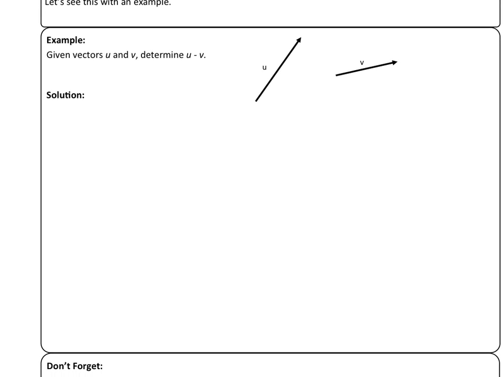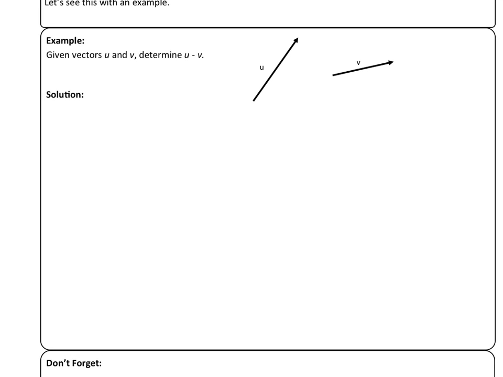Given vectors u and v, determine u minus v. So what we're going to do is we have u here and we have v, but I'm going to actually draw v in the opposite direction, and this is actually minus v.